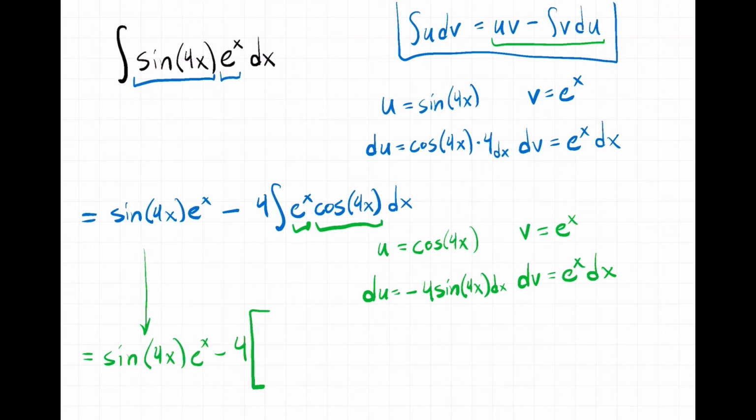Give yourself some brackets here. Our new u and v are cosine of 4x times e to the x minus the integral of v du. So v is e to the x, and our du is negative 4 sine of 4x dx.